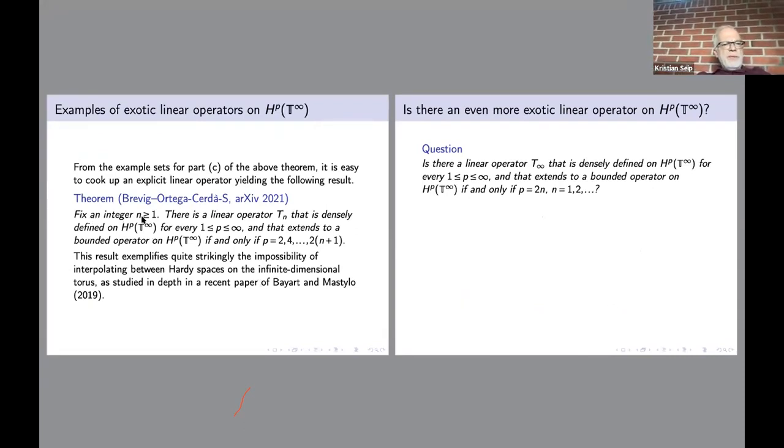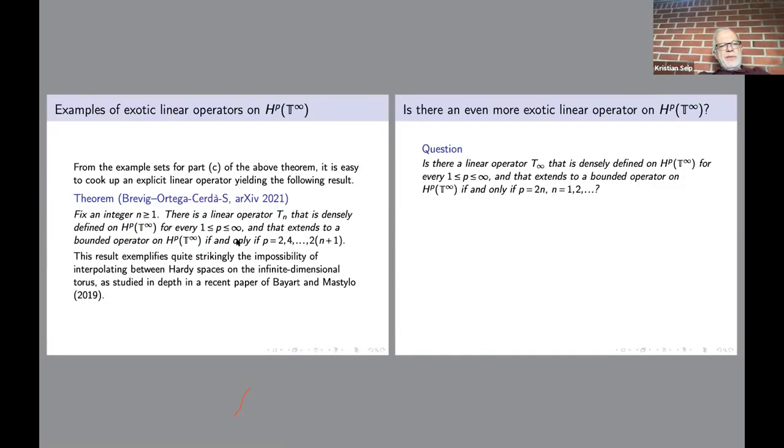Well, what we can do using one of the examples in the proof of the previous theorem is the following. There exists a linear operator T_n that is densely defined on H^p of T^infinity for every p between 1 and infinity, and that extends to a bounded operator on H^p of T^infinity if and only if p is 2, 4, and so on up to 2n plus 1.